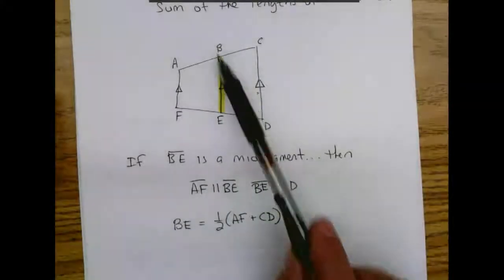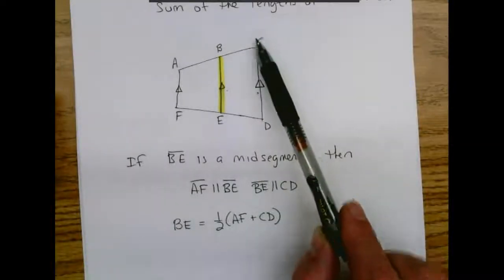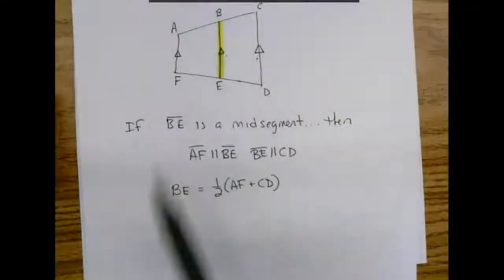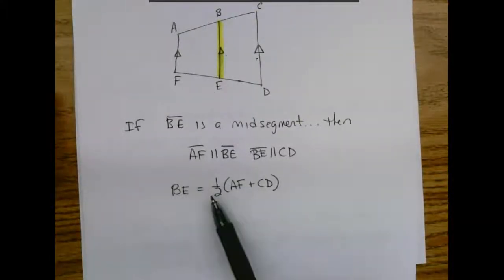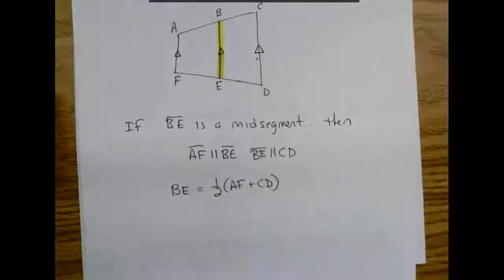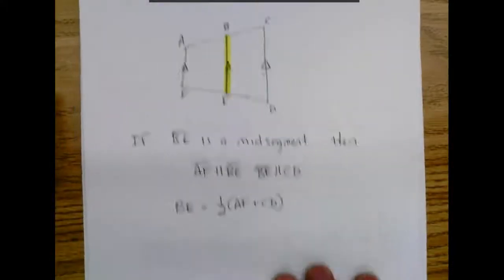We also know BE is parallel to CD. And then we also know that it's half the total length. So then we can write it out. BE is equal to 1/2 of AF plus CD. Okay, that's a really good theorem to remember.